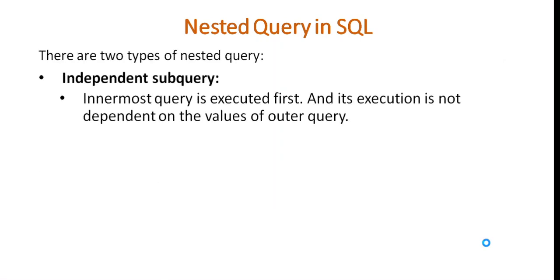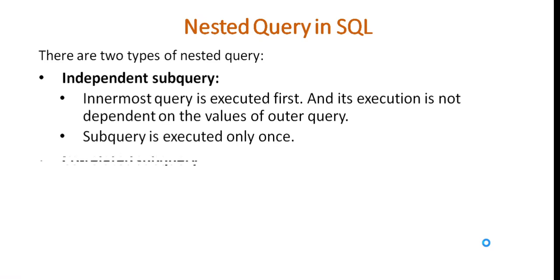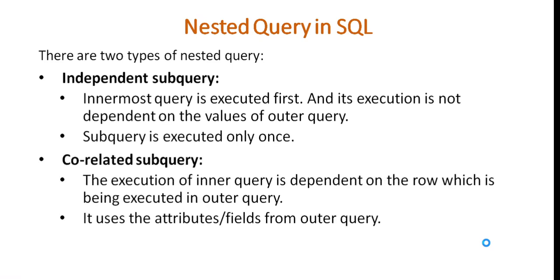In SQL we have two types of nested query: independent nested query and correlated nested query. Independent nested query means the innermost query, that is the subquery, is executed first, and its execution is not dependent on the values of the outer query. First that nested query gets executed and then it passes the result to the outer query, but whatever attributes we listed in the outer query are not used in the execution of the inner query.